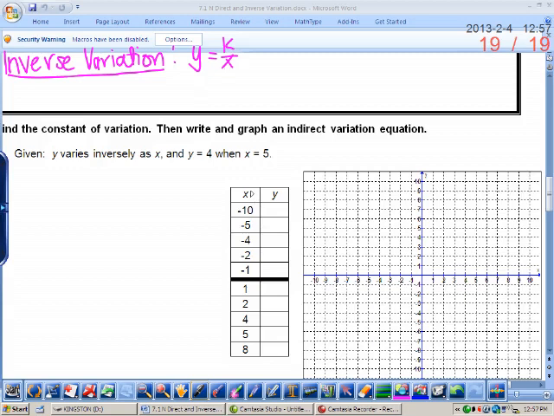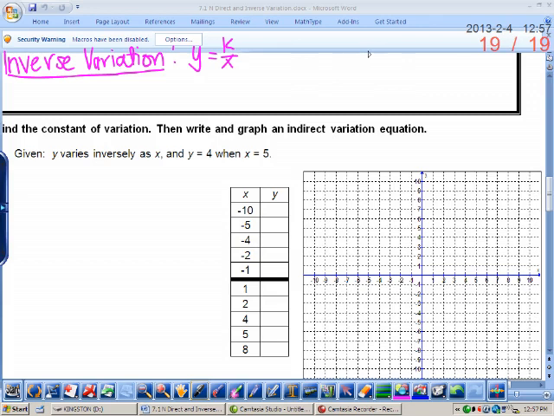Okay, so what must be true about x based on this equation? It can't be 0. Why? Yeah, it's in the denominator and we can't divide by 0.